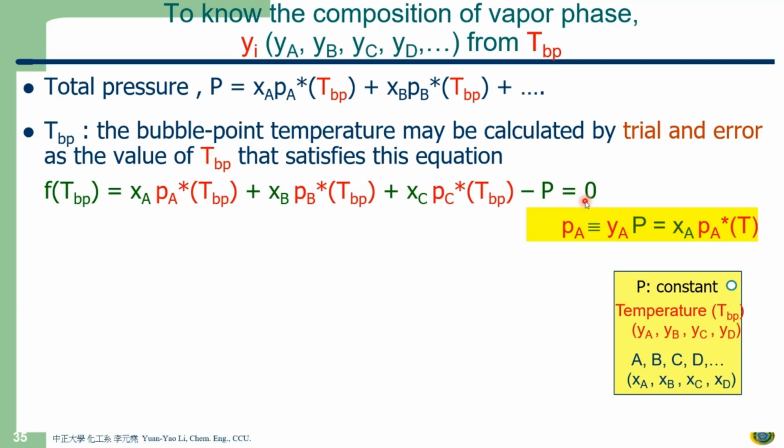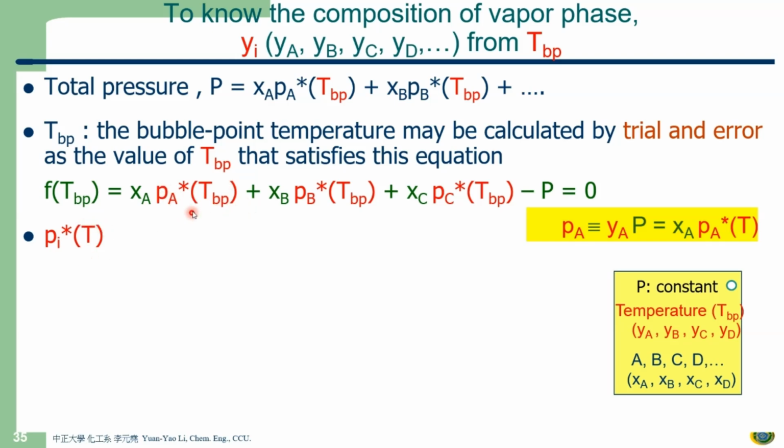And equal to 0. So you use trial and error. You might not understand what I'm talking about, but I will have an example for you to practice. And you need to practice that example, because very likely it will show up in your final exam paper. So the important thing is that you have to assume the bubble point and get this.